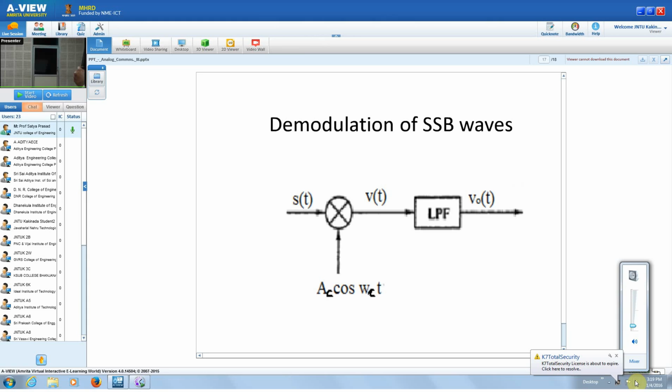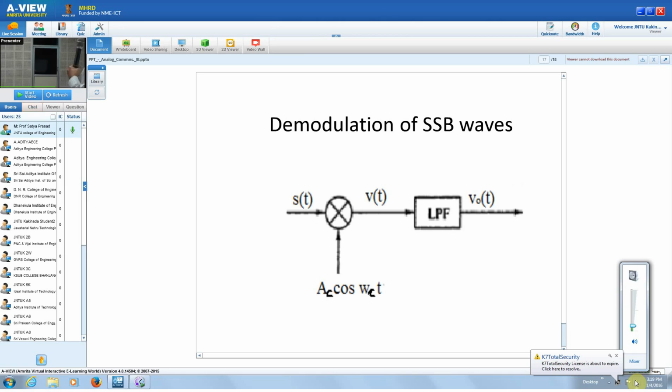So we are having a product S of t into cos omega ct, and we are getting some signal V of t.